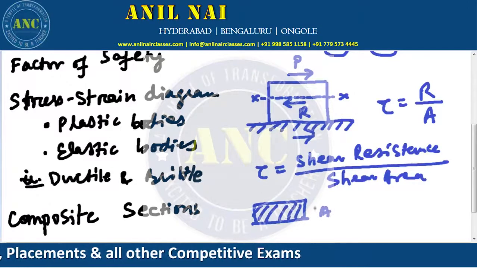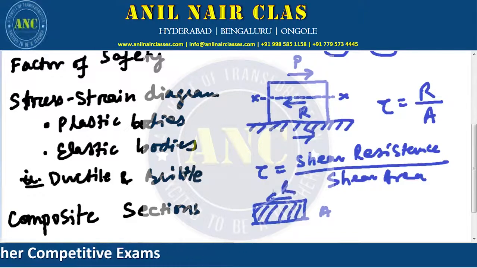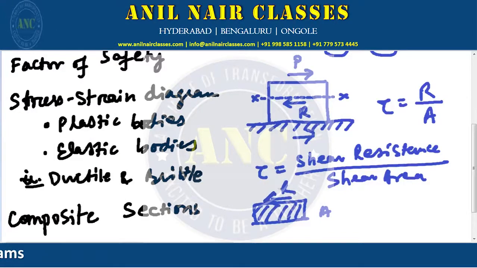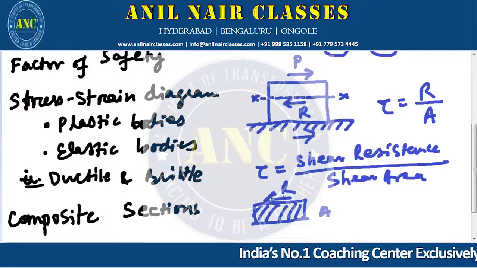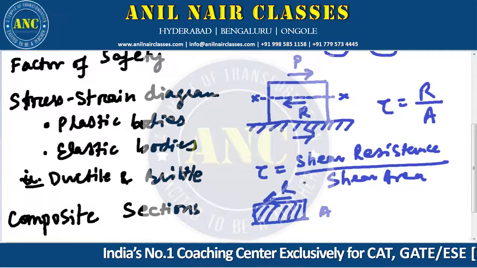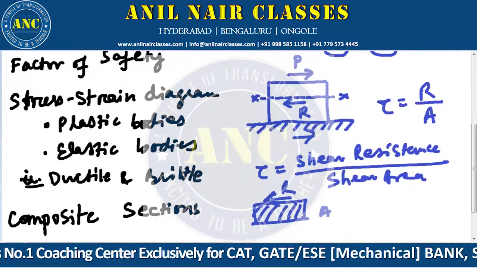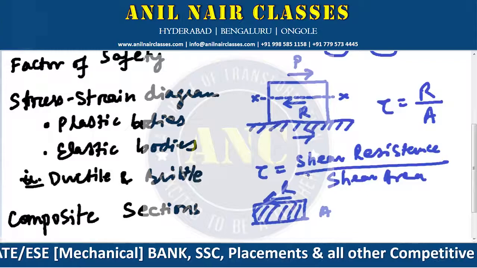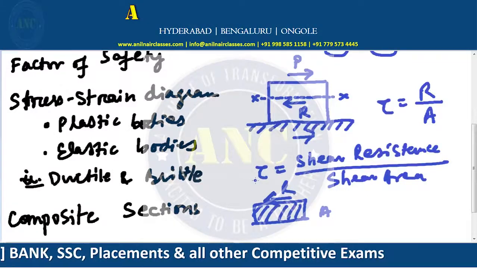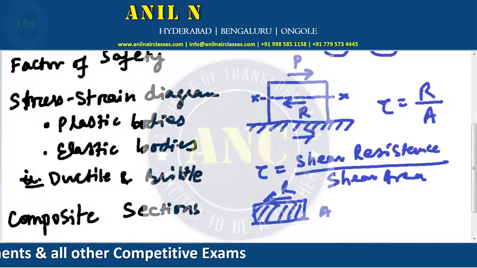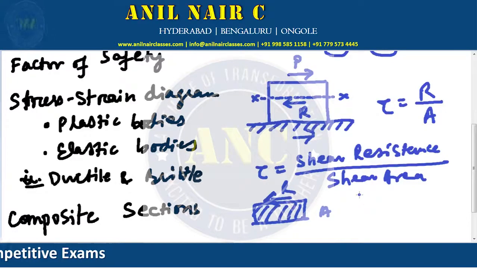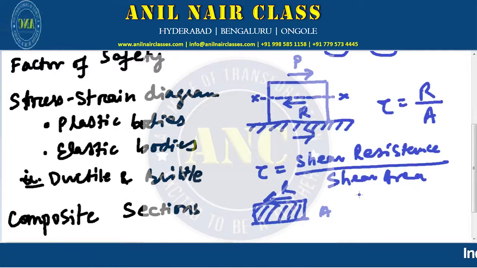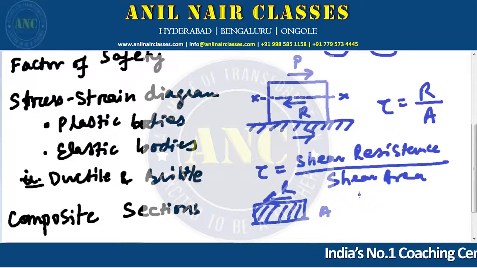So on this area, the R which is acting is the tangential opposite force. That tangential opposite force is shear, and that force of shear is called shear resistance force. So tau, the shear stress, is shear resistance by shear area, that is force by area. Am I clear? I hope I am clear to all.